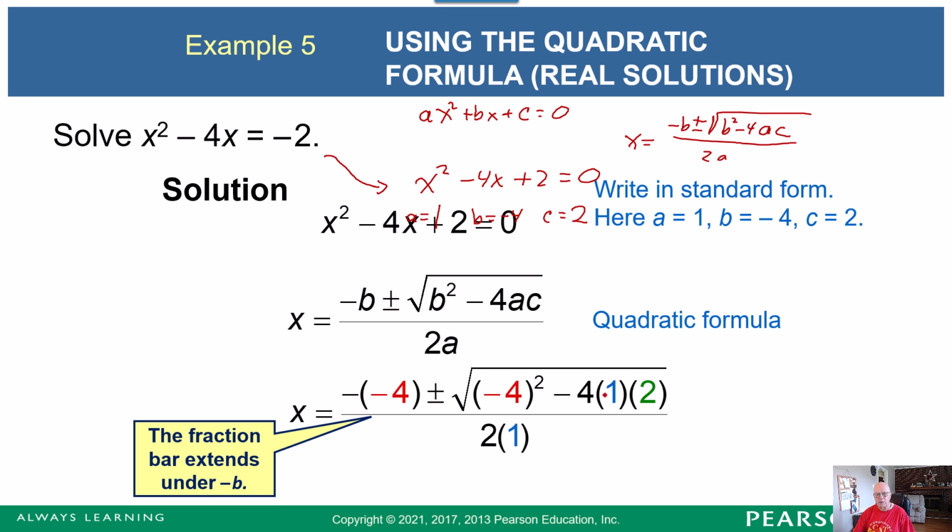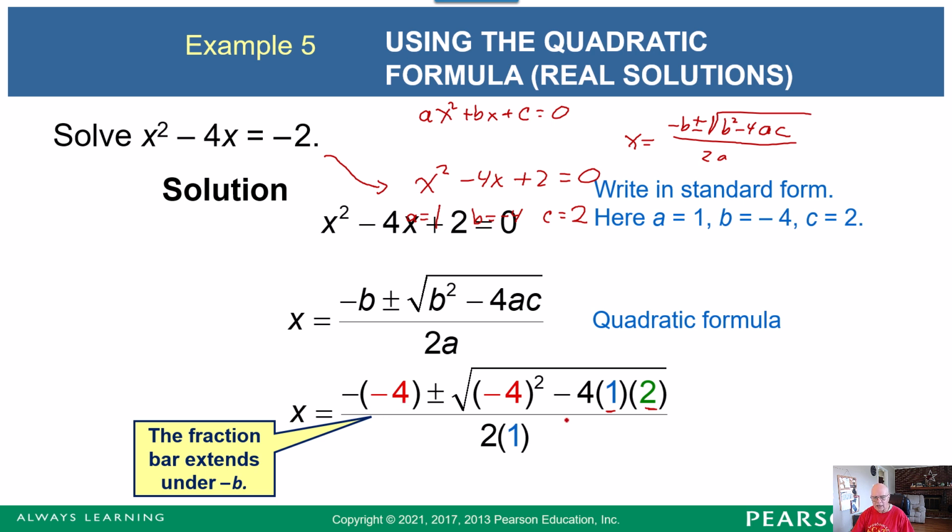So there we've simplified it a little bit more, because remember this right here is the square root of 8, which is the square root of 4 times the square root of 2, which is 2 square root of 2. Now notice 2 is divided into both of those.